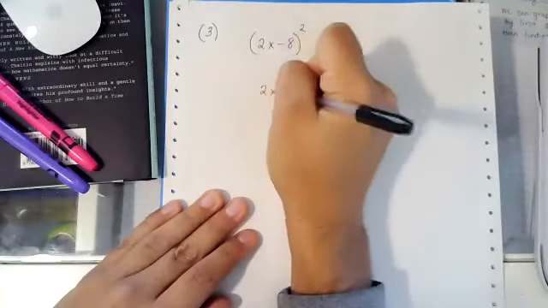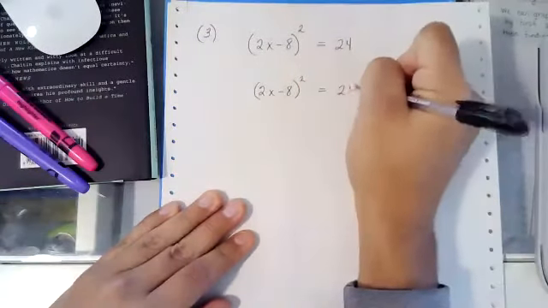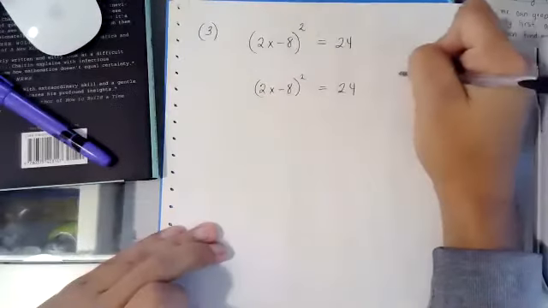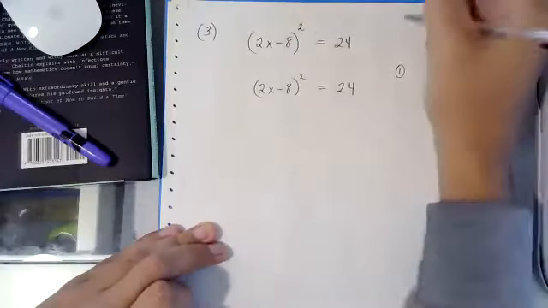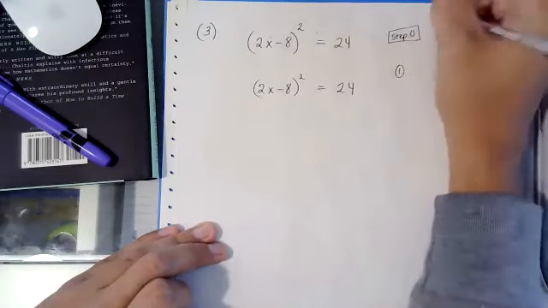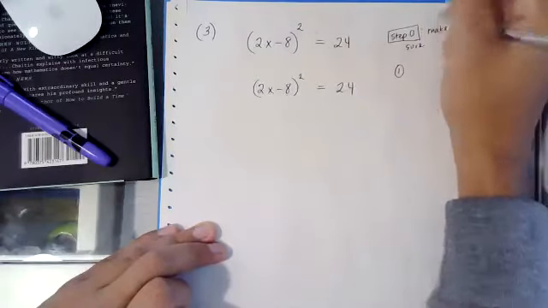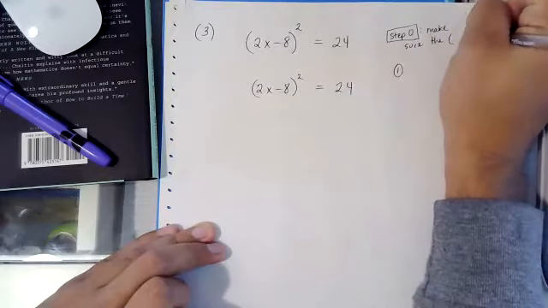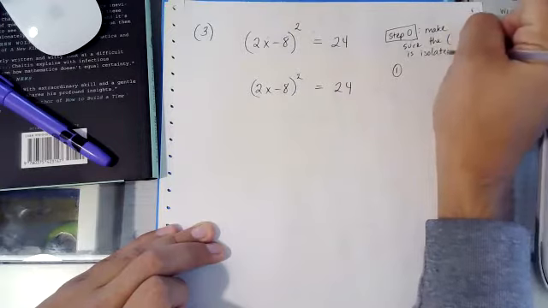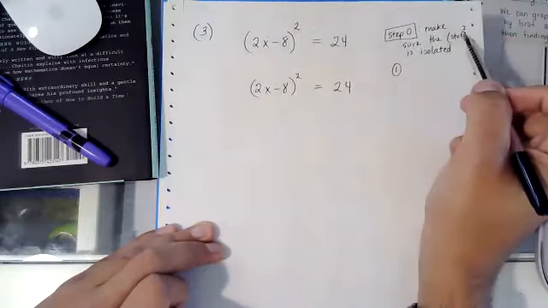So I'm going to go ahead and copy this problem down just so that my notes don't look a little crazy. You take the problem, and then we're going to use the square root property. So I'm going to say here, let's say step 0 is to make sure the squared stuff is isolated.